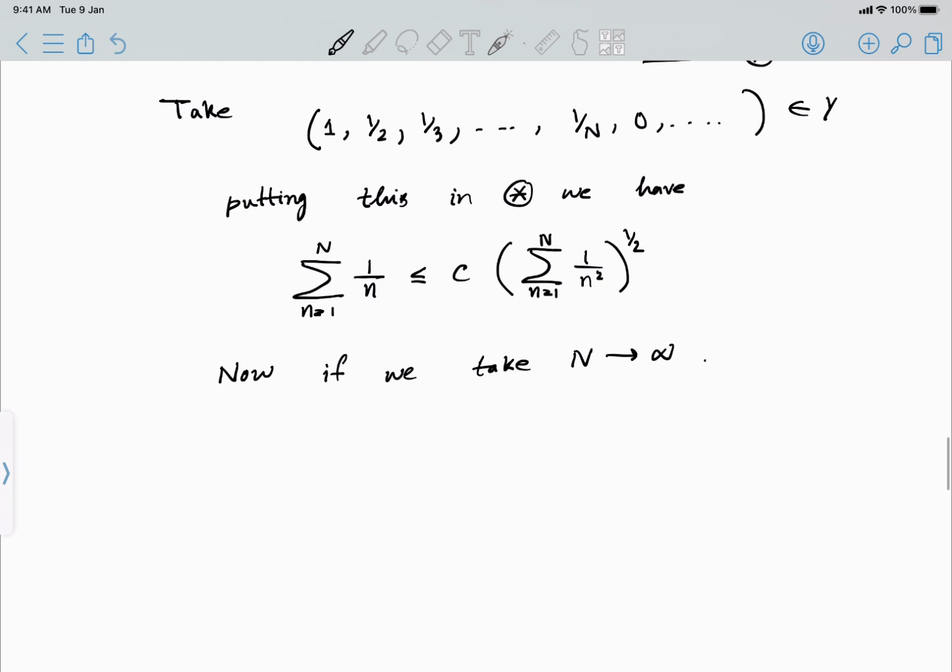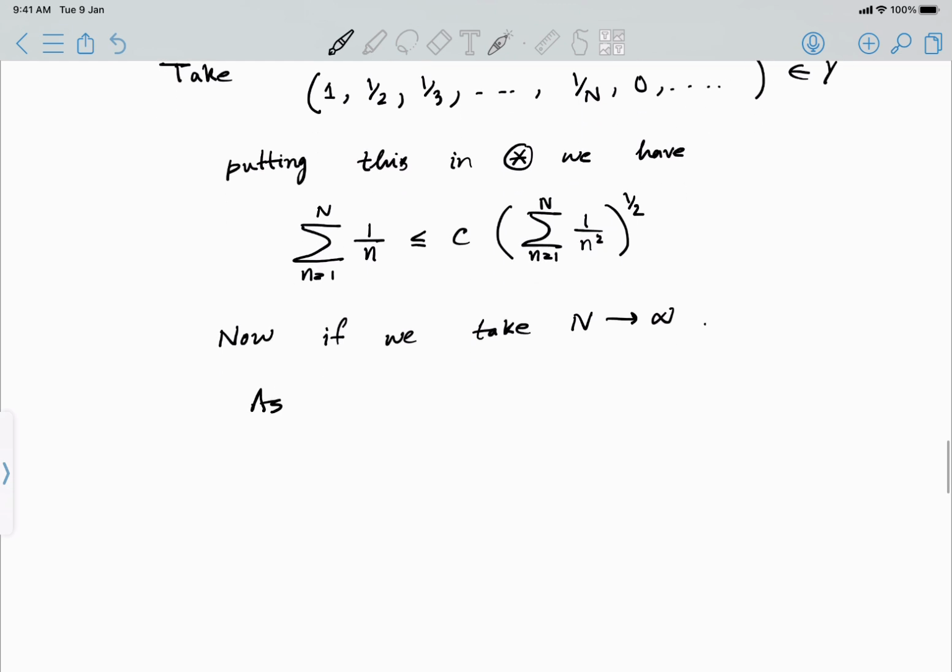The left hand side, the summation of 1/n, diverges, but the summation of 1/n squared converges.